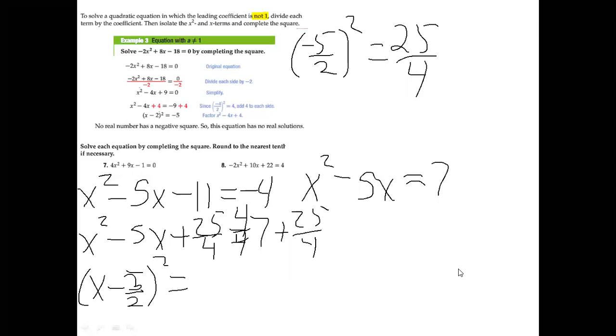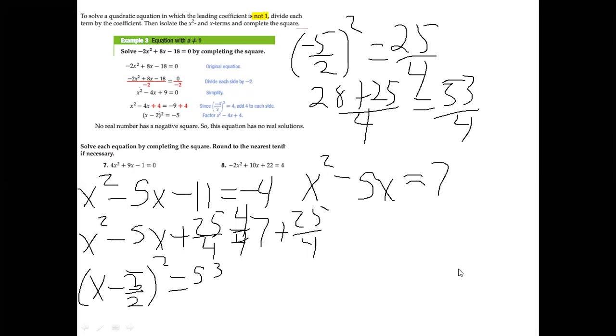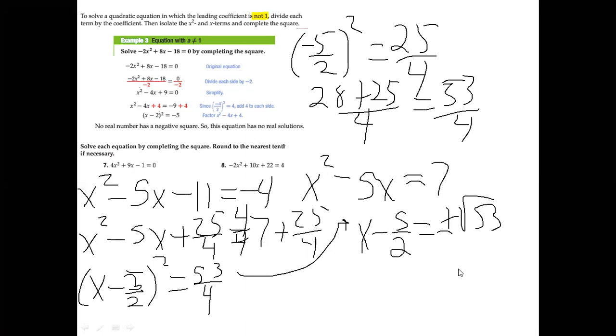So you would have 28 plus 25/4, which gives you 53/4. Okay, now you square root both sides. You'd have x minus 5 halves equals plus or minus the square root of 53 over 2. Because you can take the square root of 4, since 4 is a perfect square, and just write it as 2.